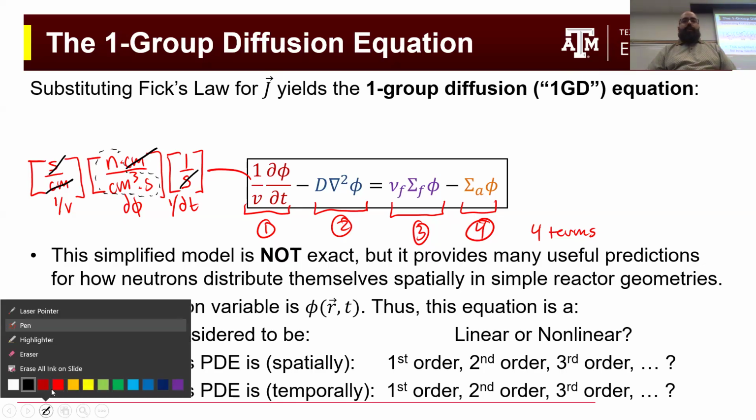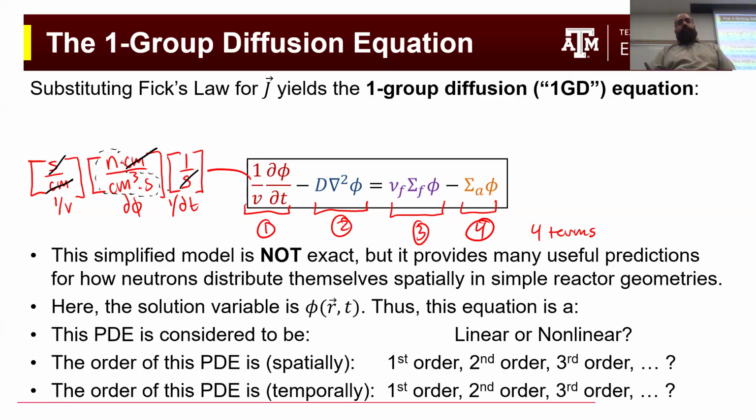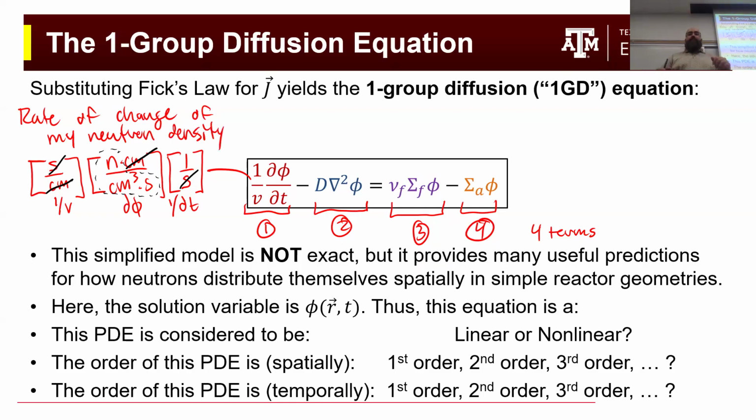This quantity contains a time derivative of my neutron flux, so physically it represents the rate of change of my neutron density. That's the quantity that says how my density changes with time.